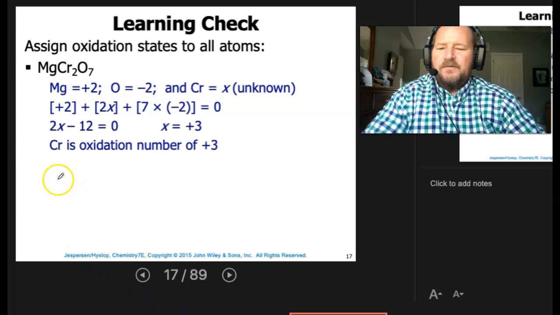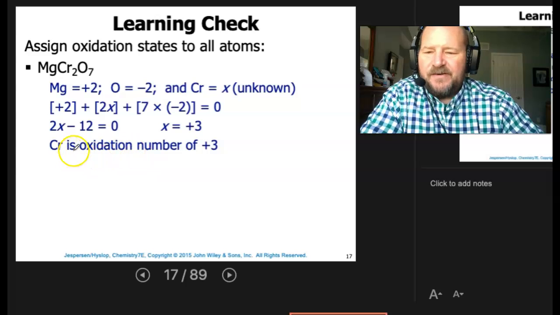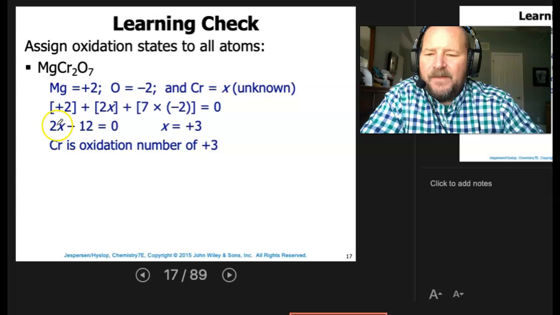All right, so here chromium can't be +3, right? So 2x, of course, equals 12. Then x equals not +3, but plus 6.